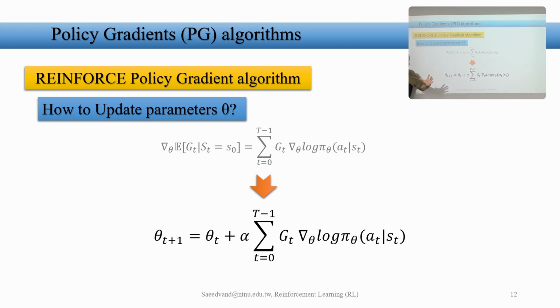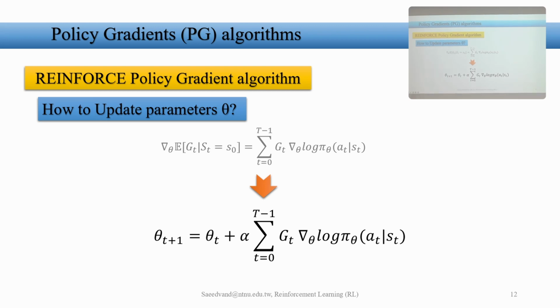The policy gradient brings the benefit of updating the neural network parameters theta directly into the equation. So it merges the neural network update of the parameter theta into the calculation of the policy.